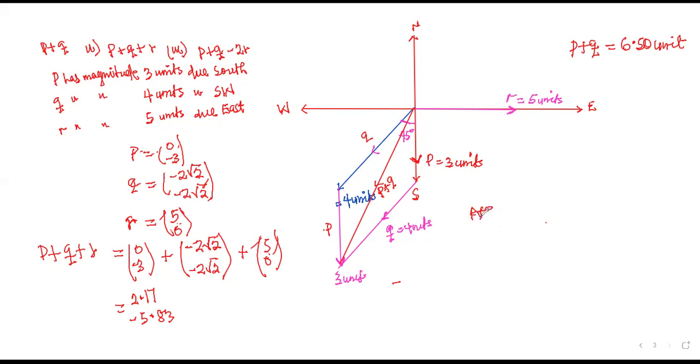P plus Q plus R will be equal to the square root of X component squared, plus minus 5.83 squared. Please give me the final answer.